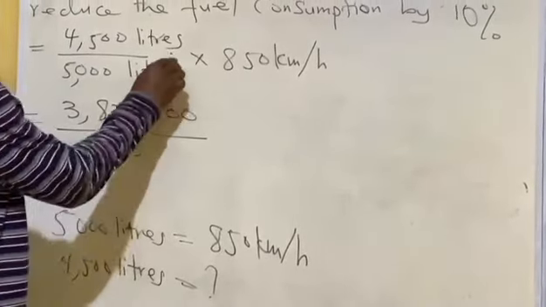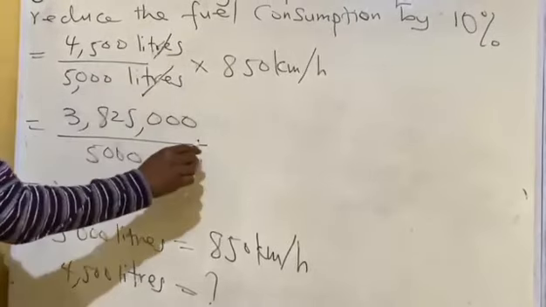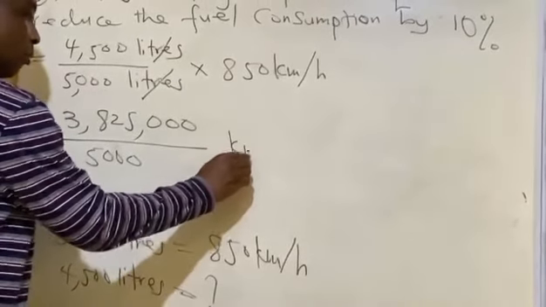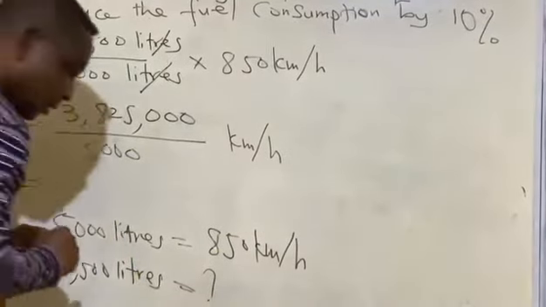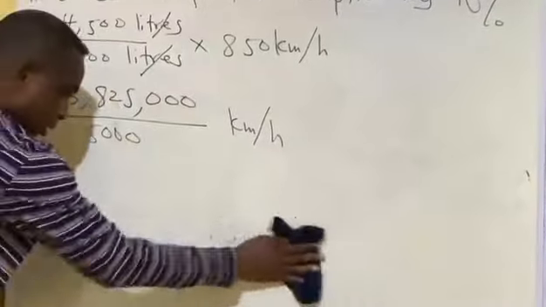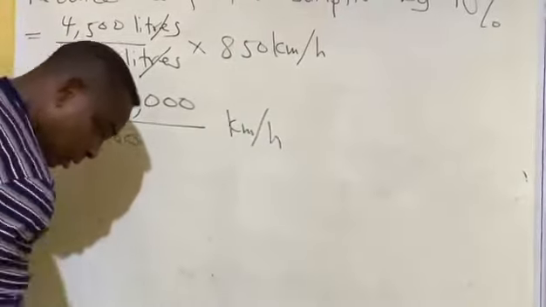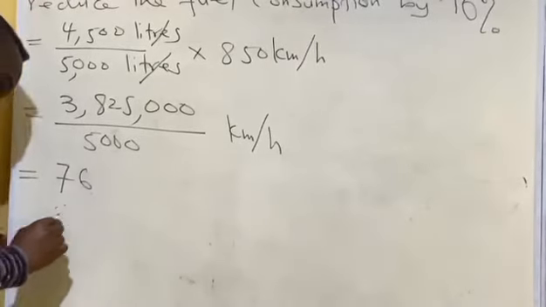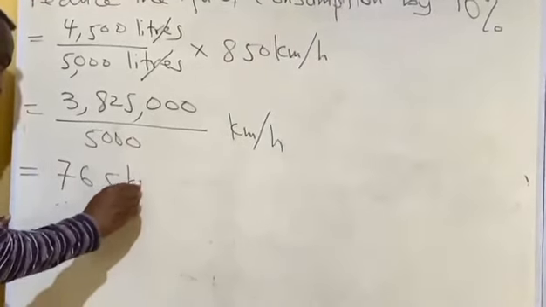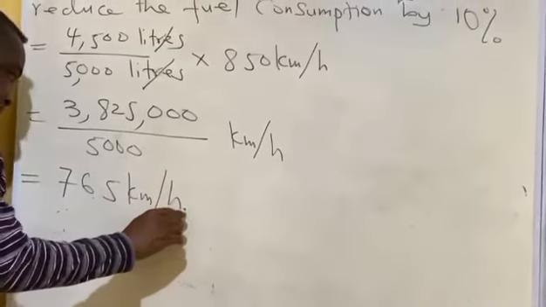And then here, liters cancels the liters. So it will be kilometers per hour. So now when we divide, we are going to get a value of 765 kilometers per hour.